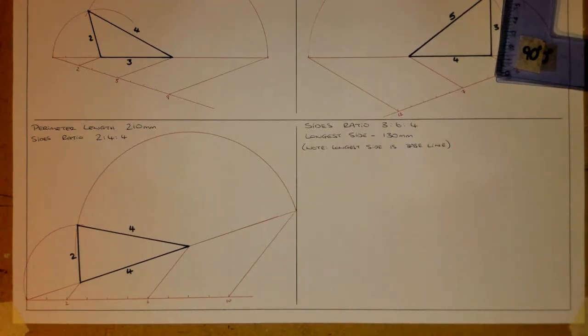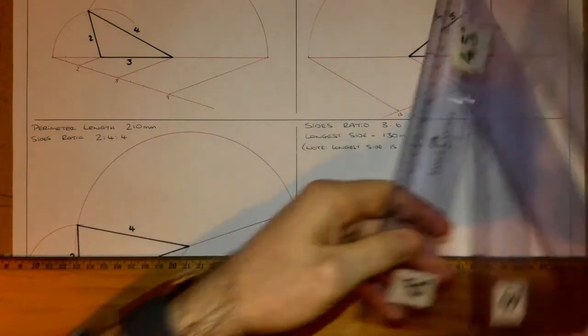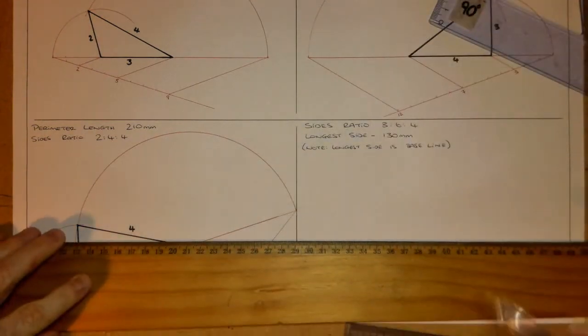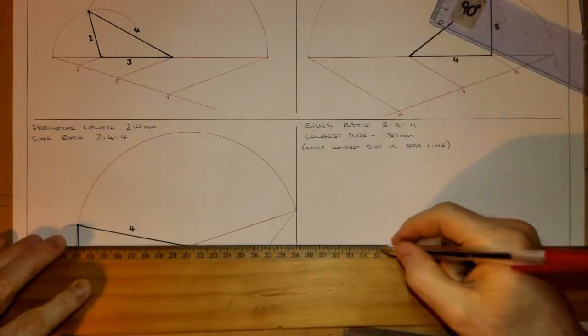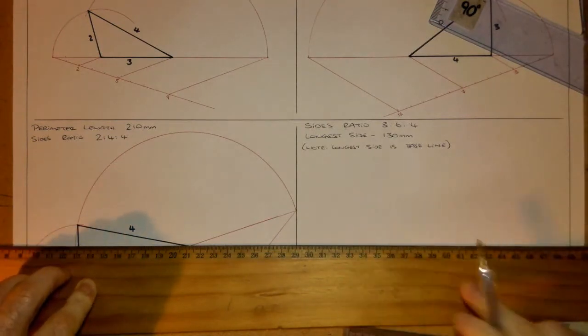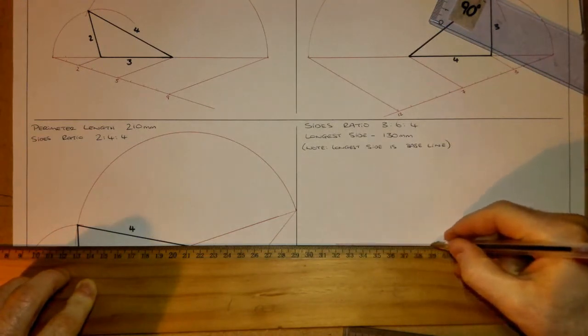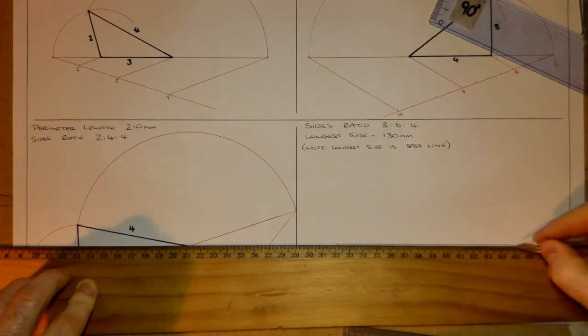Okay, so what we're going to do is first of all construct our baseline. It's 130 millimeters, and I'll do it about here. I think that'll be nice enough. 33, 46, maybe here. 130. There we go.